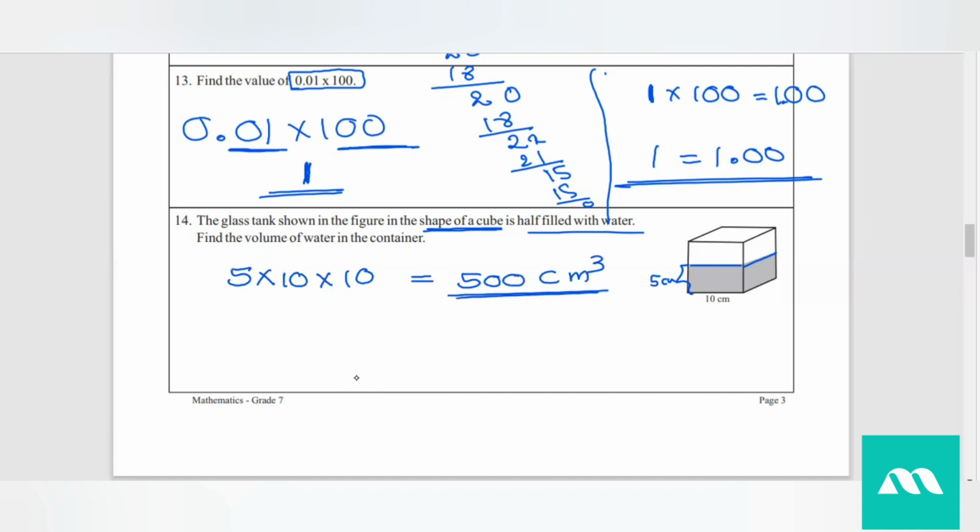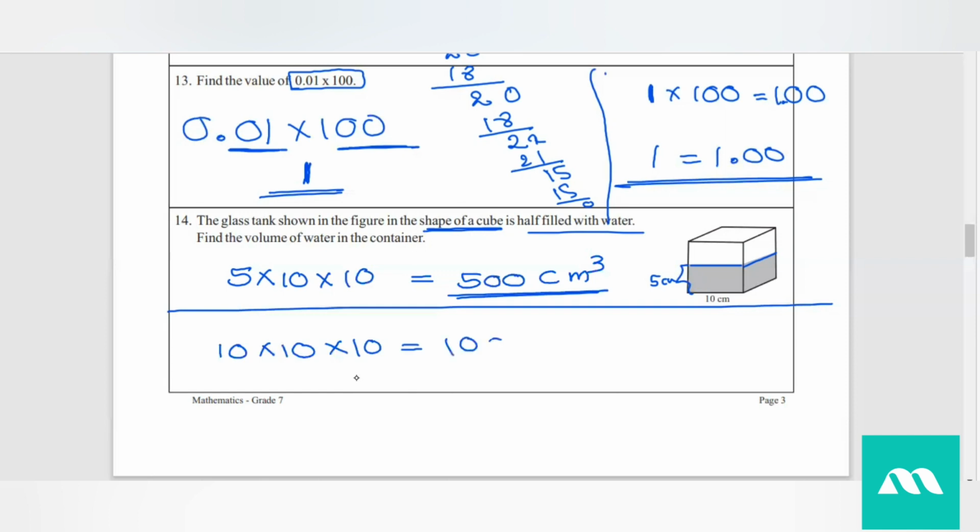Or the other way, you can find the volume of the cube. It is 1000. And we know that the water is filled up to half of the container, no? That means you can divide this value by 2.